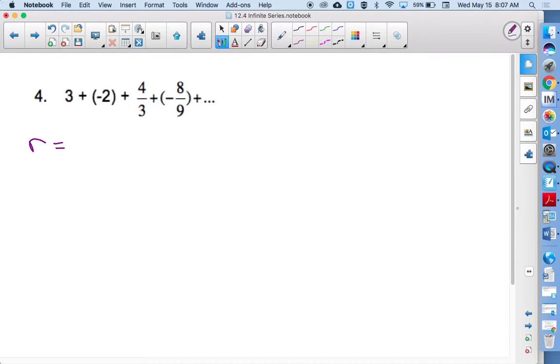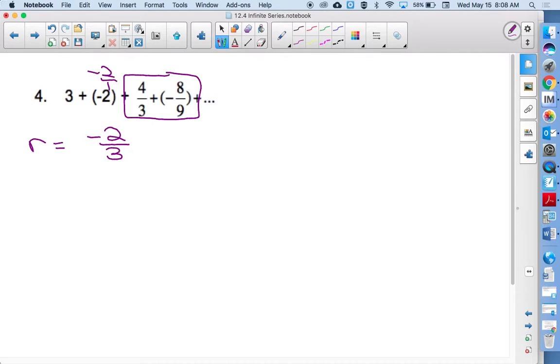Connor, what do you think? Multiplying by -2/3. So he said multiplying by -2/3. Connor, how'd you figure that out? Well, -2 would really be -2 over 1. If you multiply that by -2/3, then you get 4/3. Yeah, so if you have -2 over 1 and multiply that by -2/3, that's how you get 4/3.